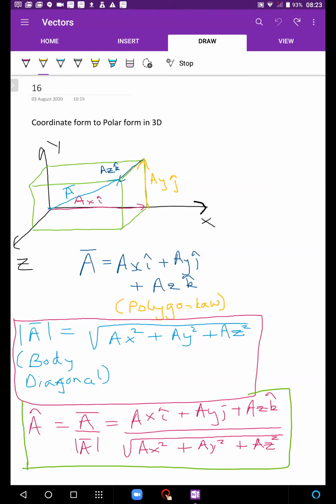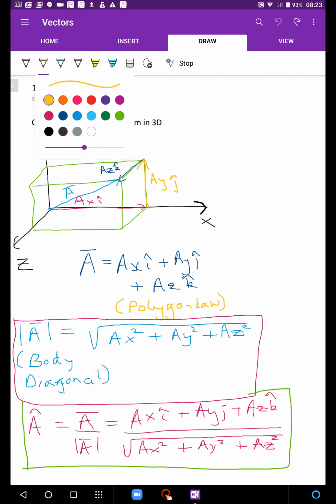Okay. Any doubts? Is the length of the body diagonal confined to 2 specific points? What do you mean by that? Length of all the diagonals is the same.